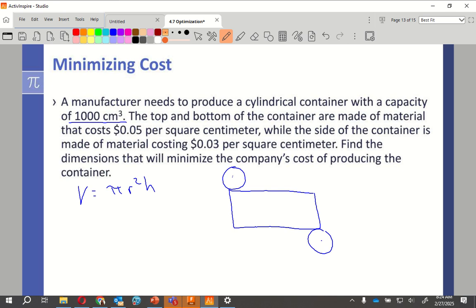I know that this is going to be my radius, right? This right here, what do you think that one's going to be? That's going to be my height.